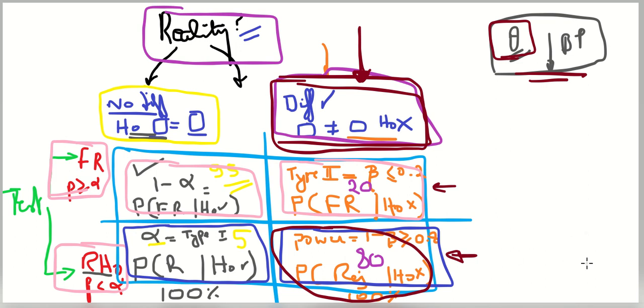So, having said that, when a pharmaceutical company has made a drug, they feel strongly that their drug is effective, meaning that the alternative hypothesis is the correct one, meaning that the null hypothesis is false, and therefore they would want to do all that they can so that they fall in this category right here, which is the power, meaning rejecting the null hypothesis.